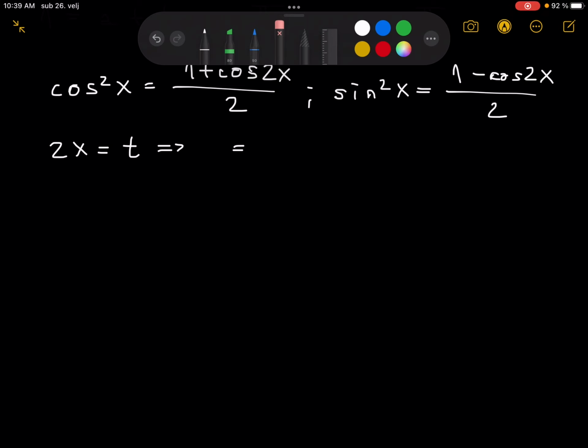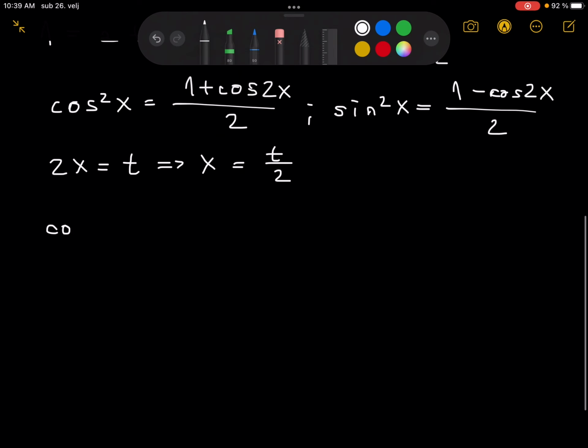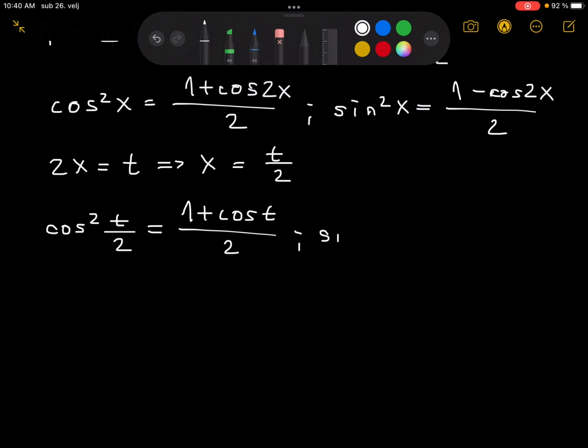From here it must follow that x is equal to t over 2. So once we put that into these equations, we get that cosine squared of t over 2 is equal to 1 plus cosine t over 2, and that sine squared of t over 2 is equal to 1 minus the cosine of t over 2.